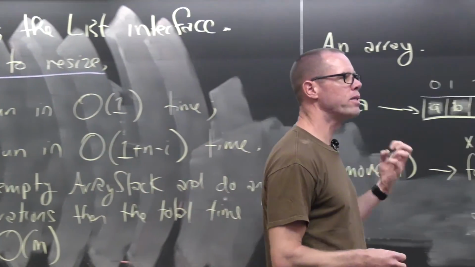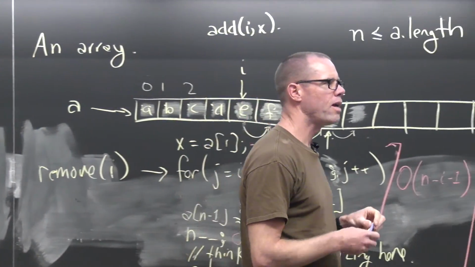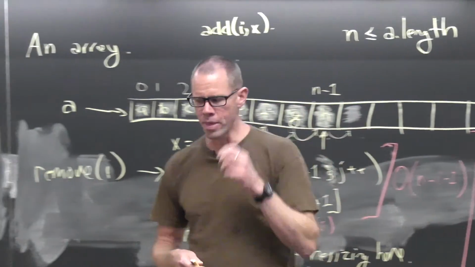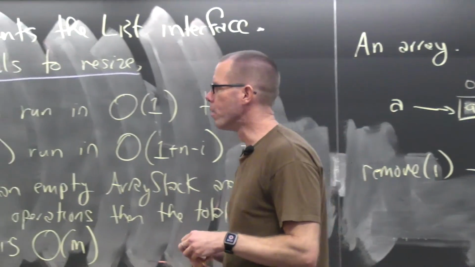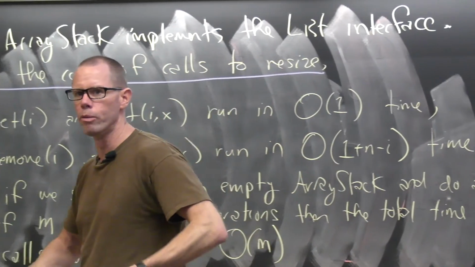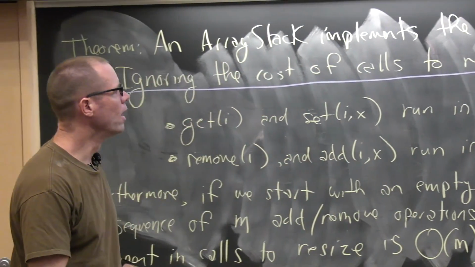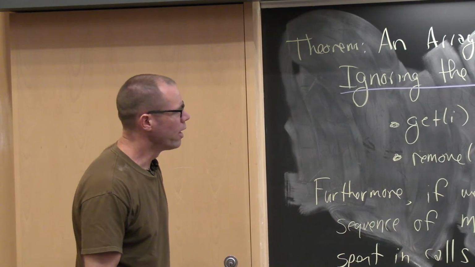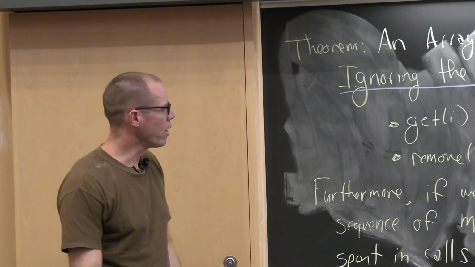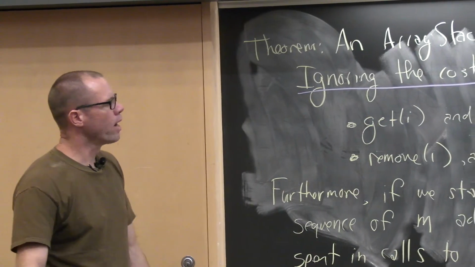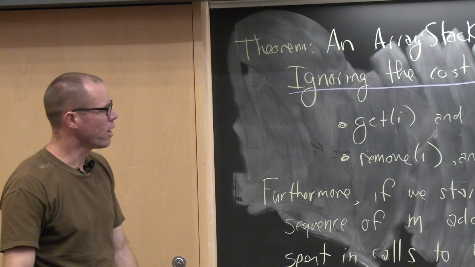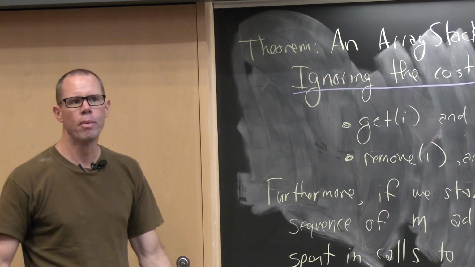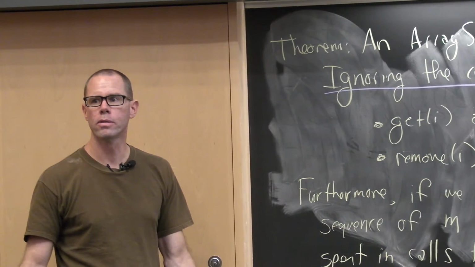But occasionally, once in a while, you have to call resize, and that's expensive. And when that happens, the running time of those operations can be huge because you copy the whole array. So instead of looking at one individual operation, I'll look at a whole sequence and tell you that all of these resizings that happen during this entire sequence don't add up to much more than the length of the sequence.